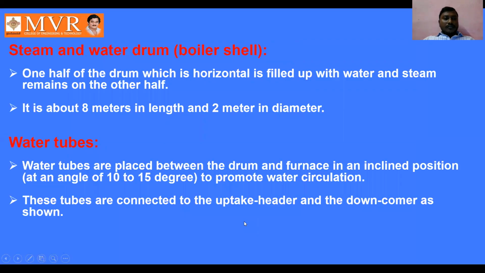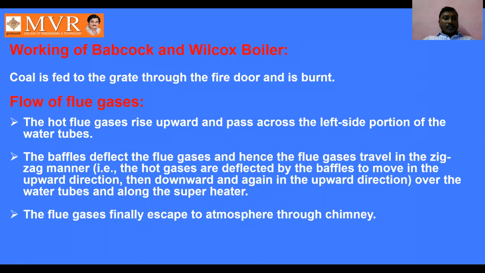See here, in working, coal is fed to the grate through the fire door and is burnt. See what I have shown you in the diagram. The hot flue gases rise up and pass across the left side portion of the water tubes. The baffles deflect the flue gases, and hence the flue gases travel in a zigzag manner.